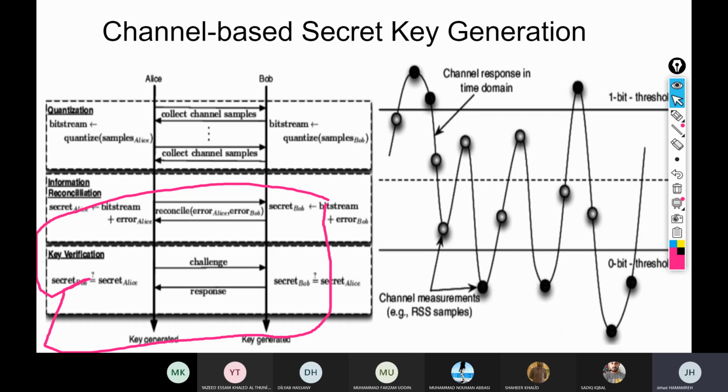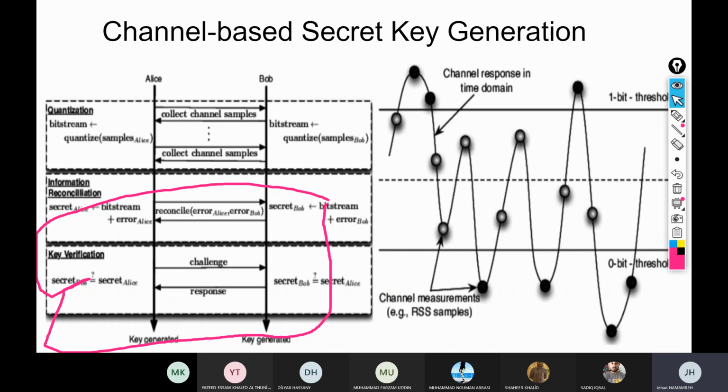And the same procedure, as you can see, quantization, information reconciliation, key verification, and so on and so forth. So the summary is this: it can be applied to all the domains, including time, frequency, space, and even power domain sometimes if you have other things to do with it.